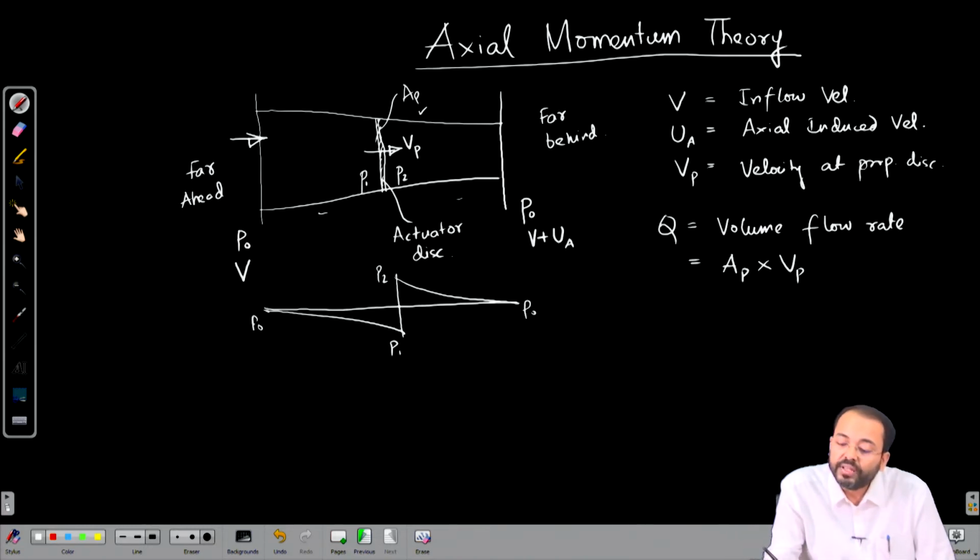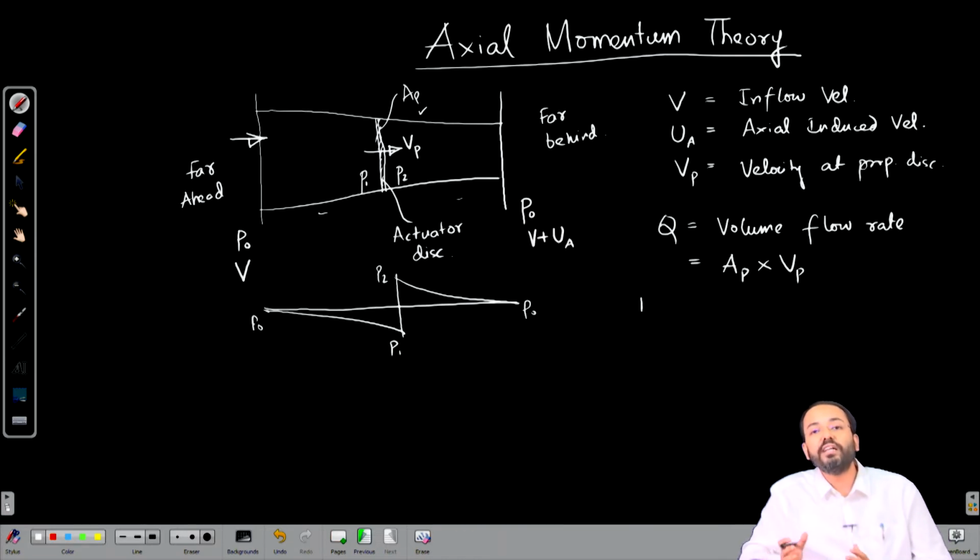Now, the input velocity to the system is V at the inlet, and at the outlet we have V plus UA. So, the difference in momentum of the fluid should be equivalent to the thrust generated by the disc.